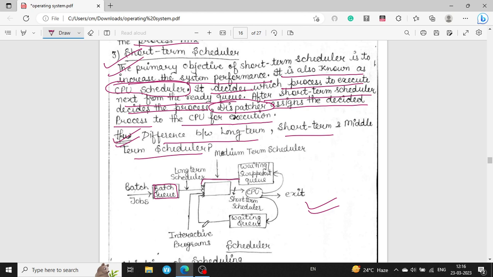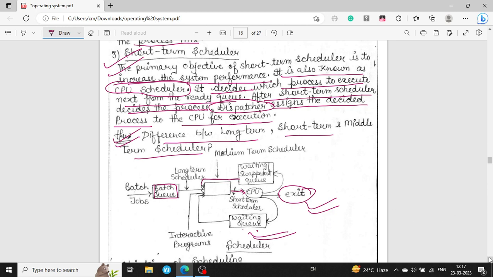On the other side, interactive programs also come here, and this is linked with the CPU short-term scheduler. When you use the CPU short-term scheduler, after that it will execute, or it can wait and go into the waiting queue. This is the work of the scheduler.